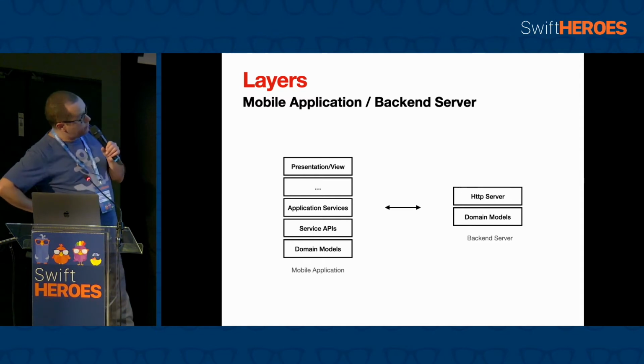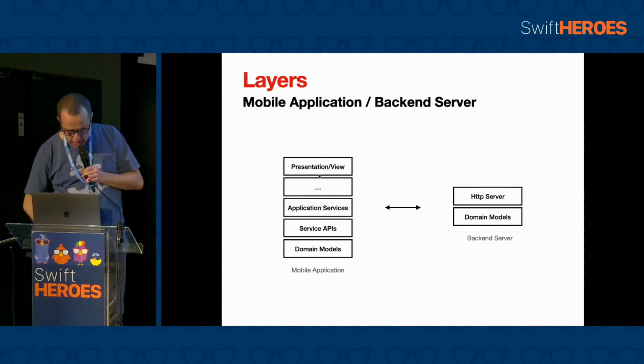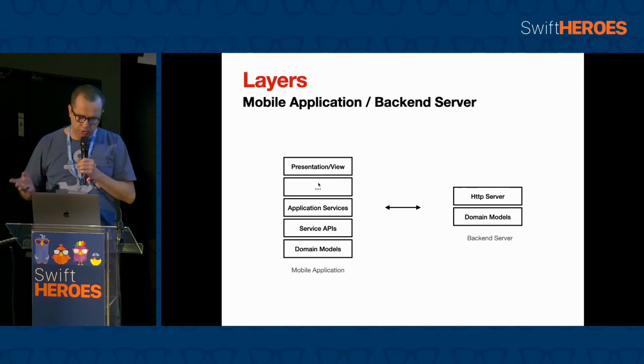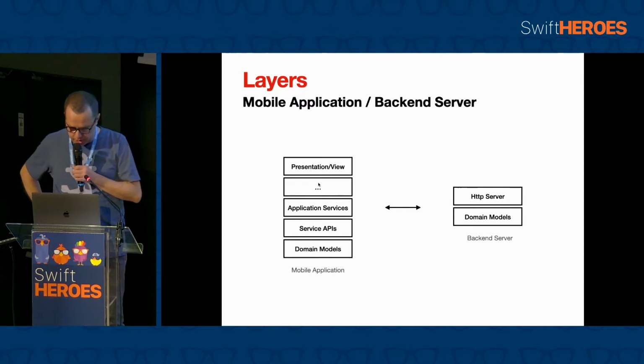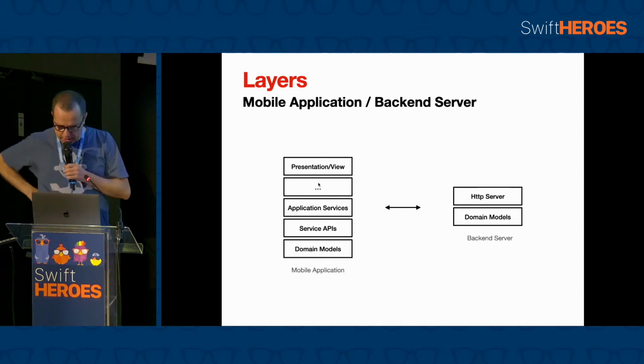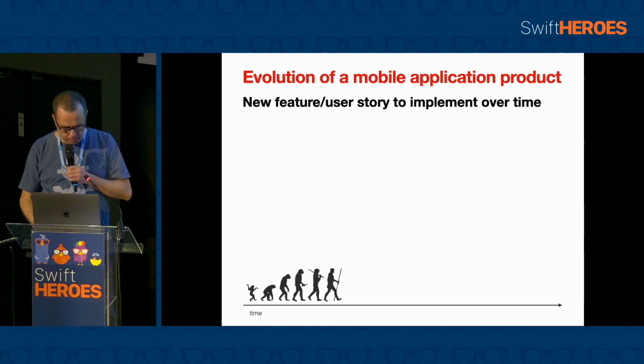Then we have an optional layer according to the adopted architecture. And finally, we have our presentation view layer. From the backend server side, domain models and an HTTP server.